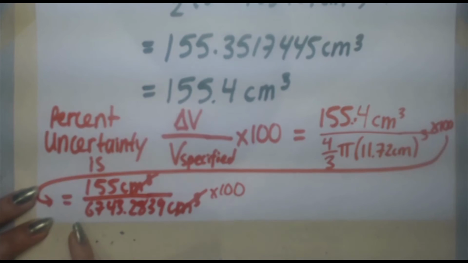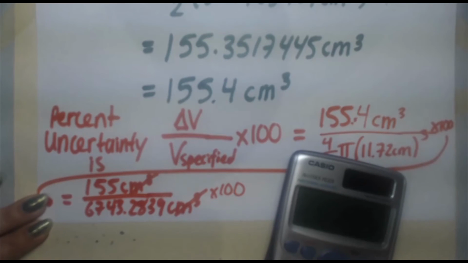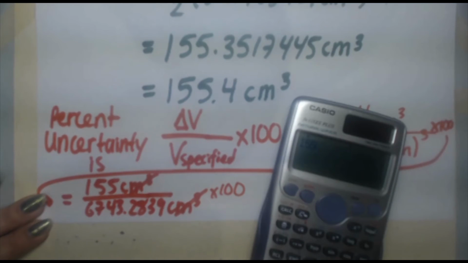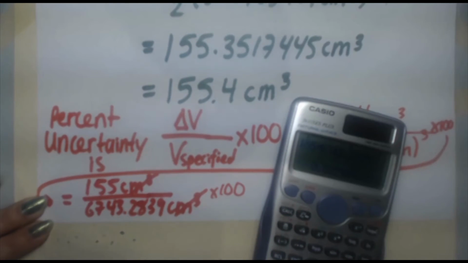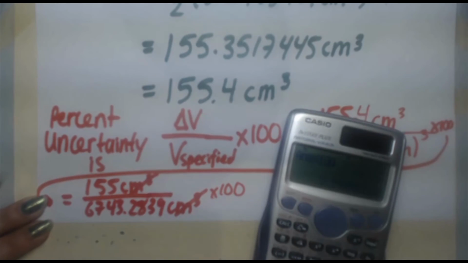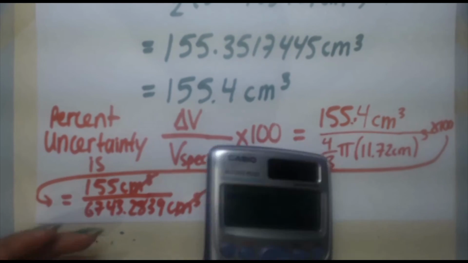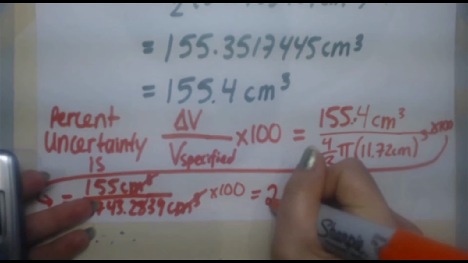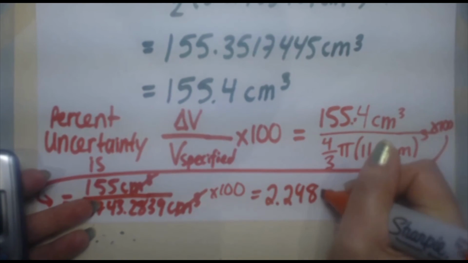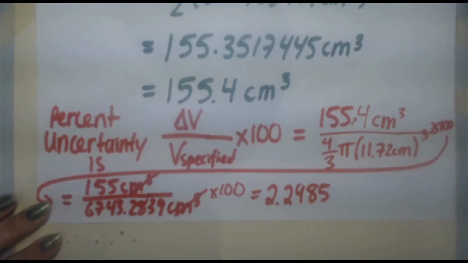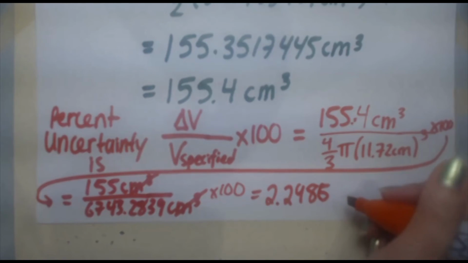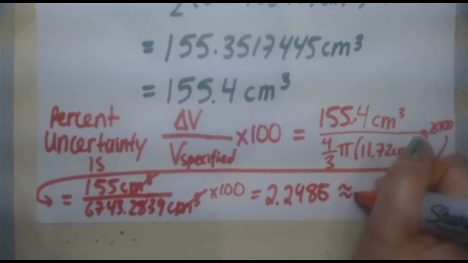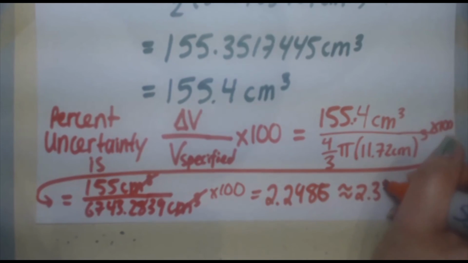In this case, we need 4, so you can keep it as 6743. Let's go ahead and divide those numbers. 155 divided by 6743.2839. You multiply that with 100, and you're going to get 2.2985. Actually that 5 should round to a 6. After you multiply by 100, that rounds off to approximately 2.3%.